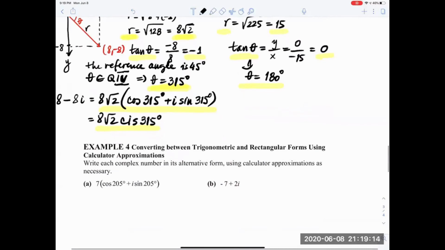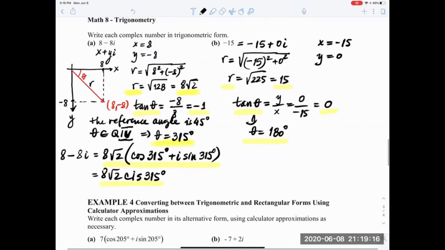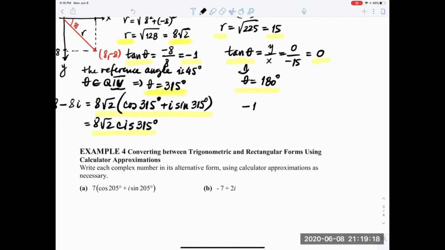So now we can write that negative 15 can be written as 15 parentheses cosine of 180 plus i sine of 180. Or if you want to use the short form, it is 15 cis of 180.